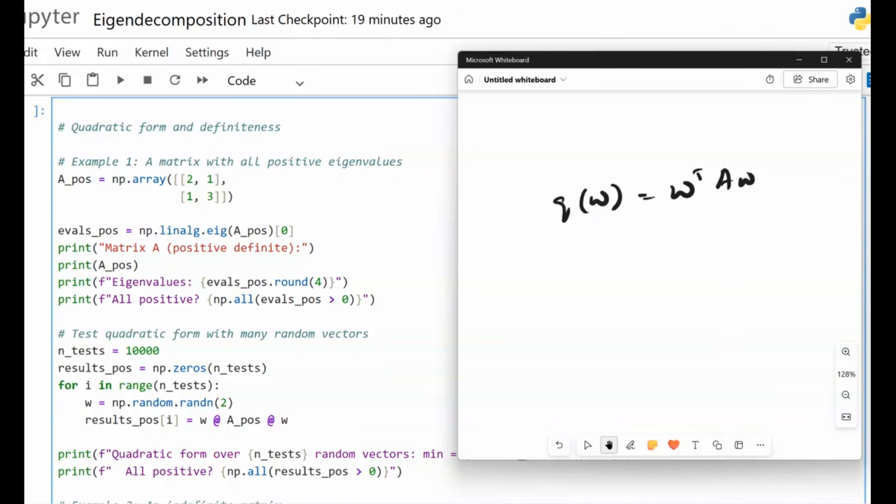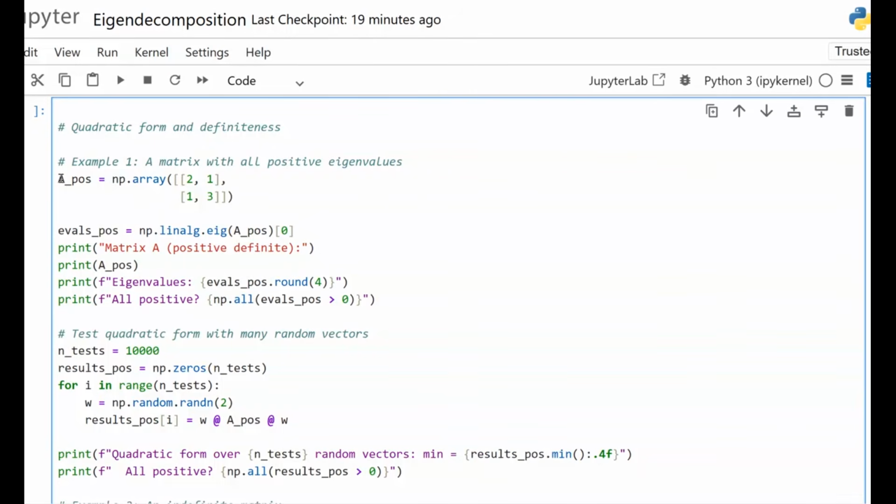Here we are going to define the quadratic form with a symmetric matrix A, which has the array 2, 1 and 1, 3, and we are defining the eigenvalues.